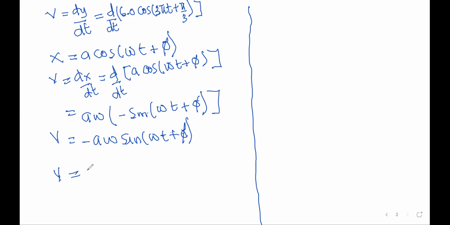All that I'm saying is that if we differentiate what we are given, the amplitude is 6. So negative 6 times omega, which is 3 pi, times sine of 3 pi t plus phi, which is pi over 3.